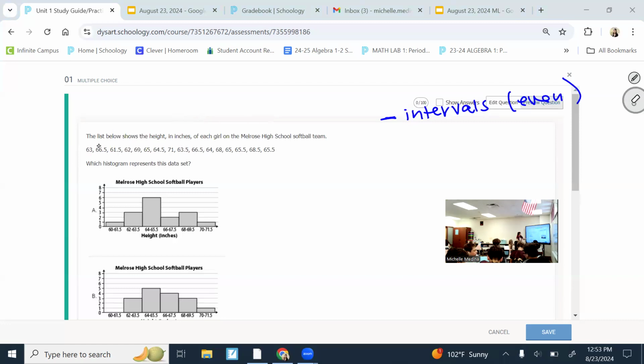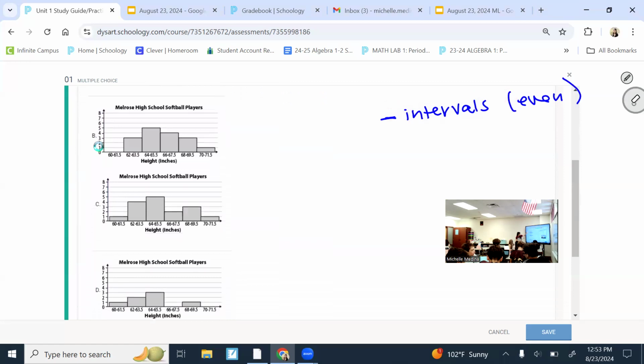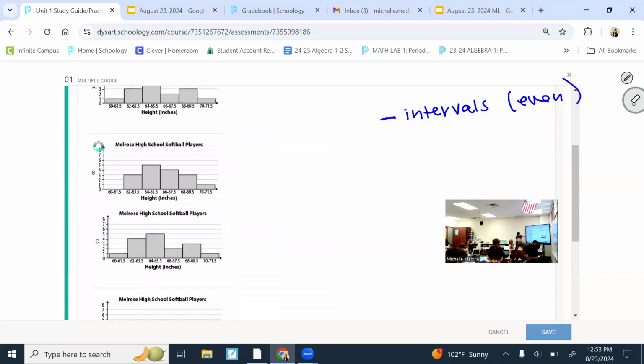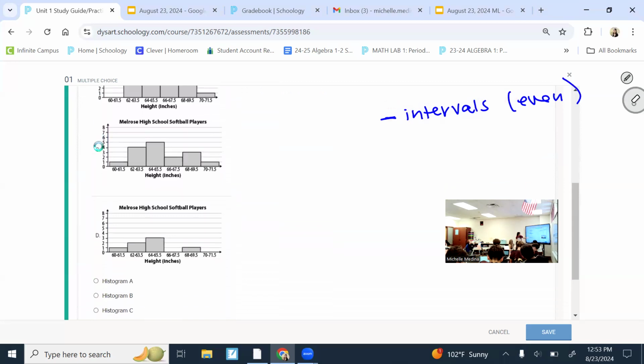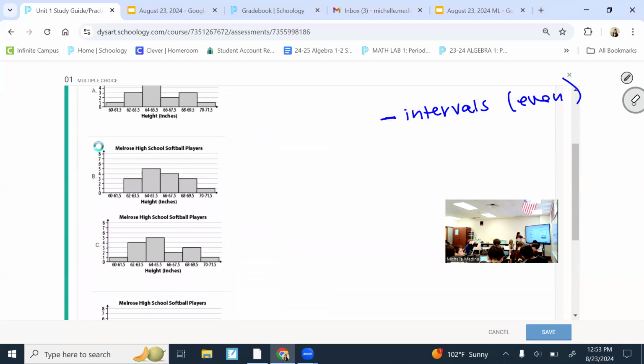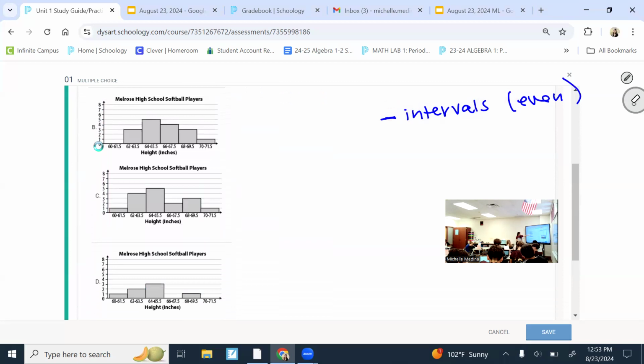Let's see how these are different. It looks like they are all different. On the 66 to 67.5, you see that? How each one has a different level.